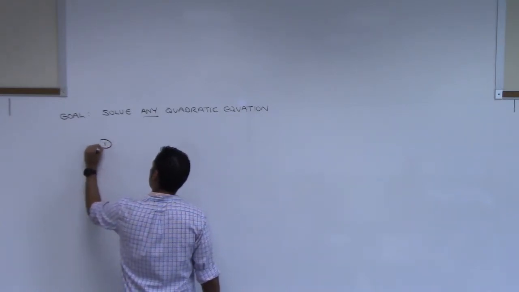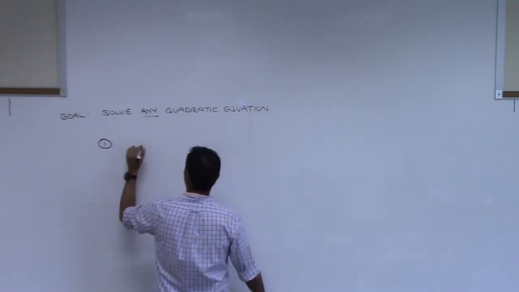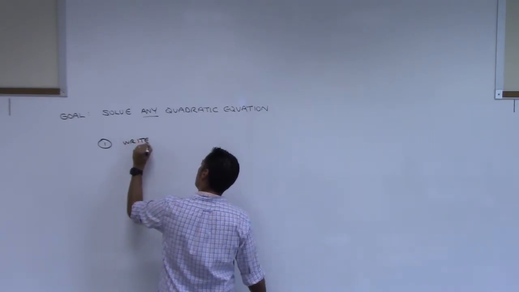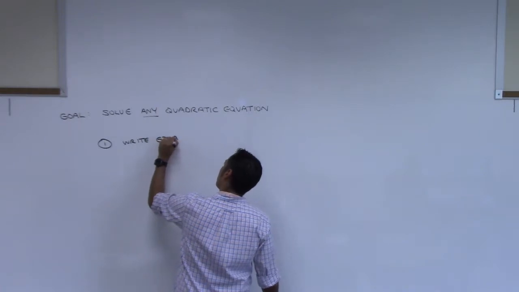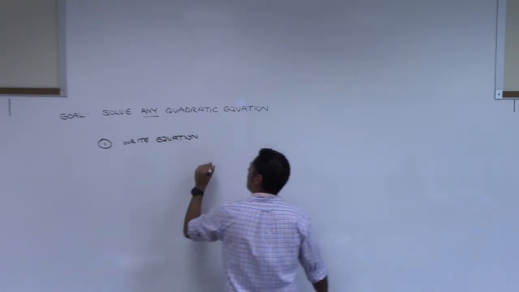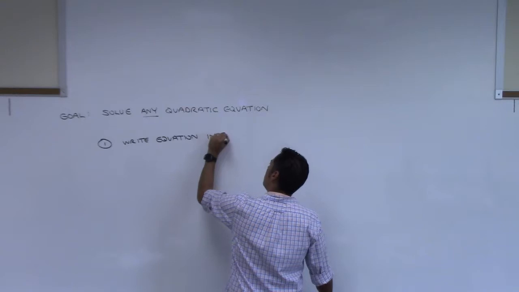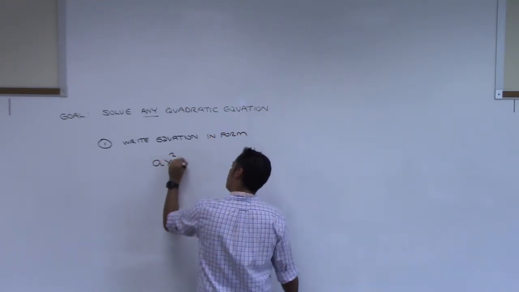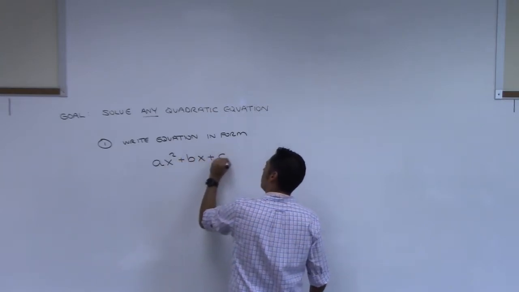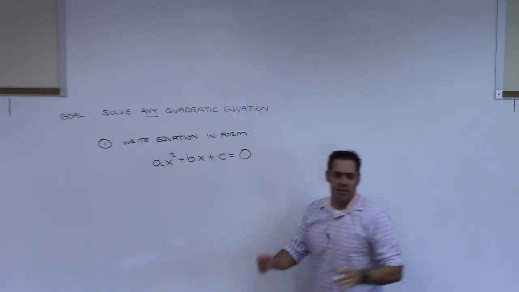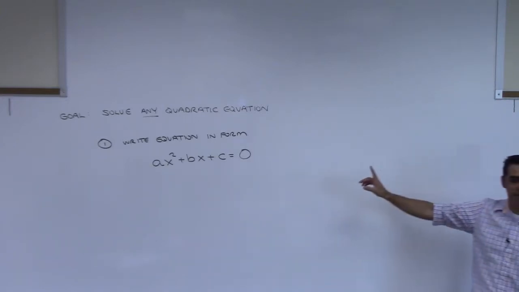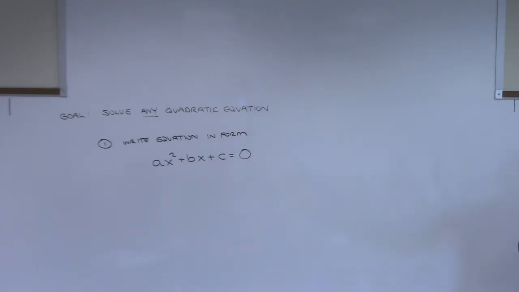Okay, first step is to write the equation in the form ax squared plus bx plus c equals 0. In other words, move everything to one side. That's the way we're going to start solving all quadratic equations. We're going to move everything to one side. All right?